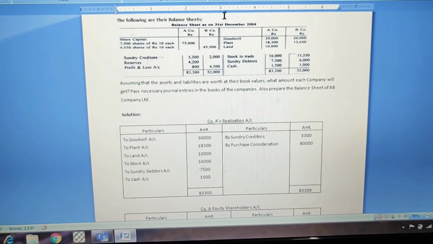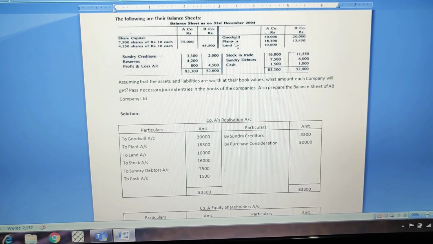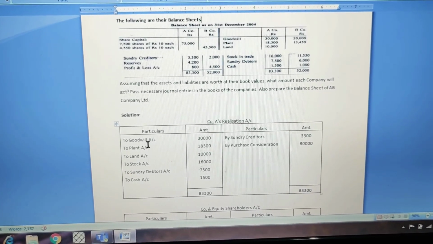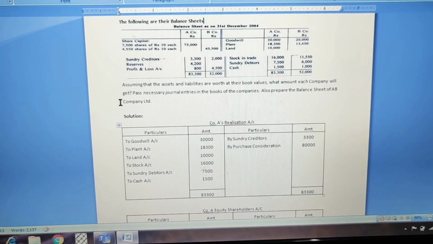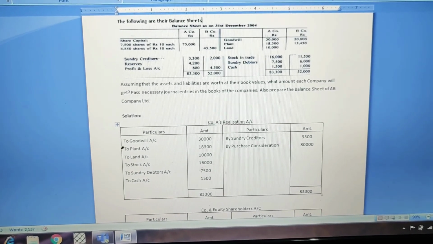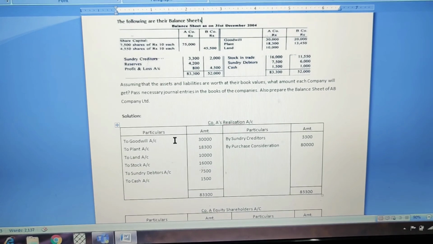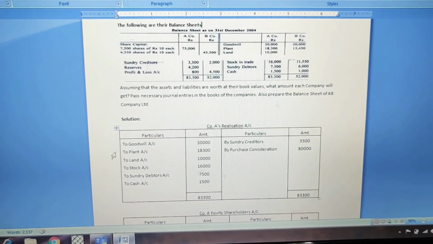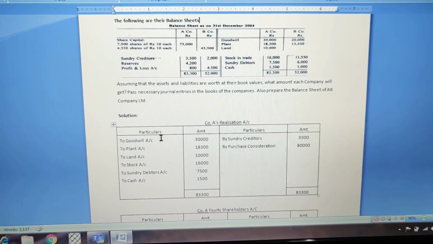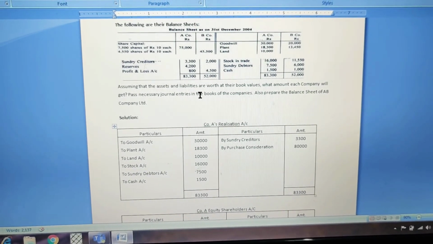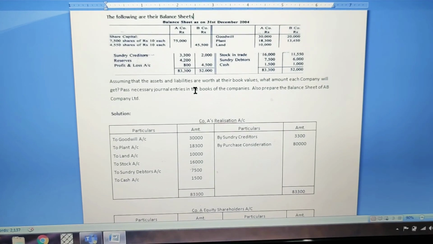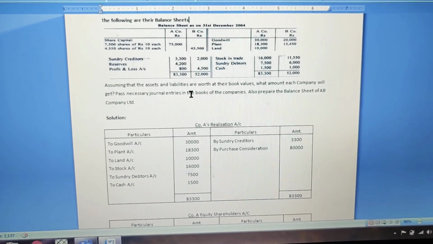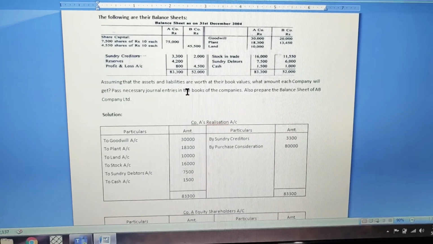Okay, so when all these assets, goodwill and others, are taken over, you have to write it off as debit in the realization account. So goodwill worth 30,000 on the debit side. You already know this rule, that if assets are decreasing, then they are credited.